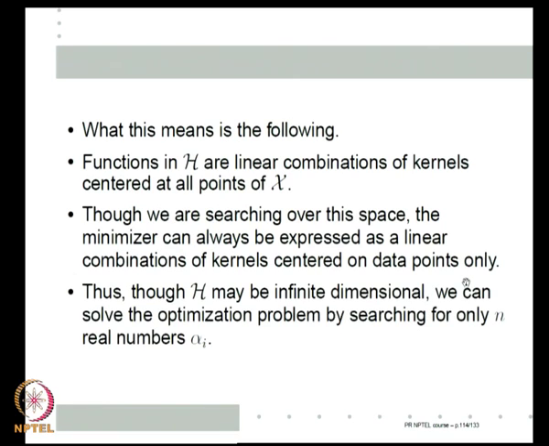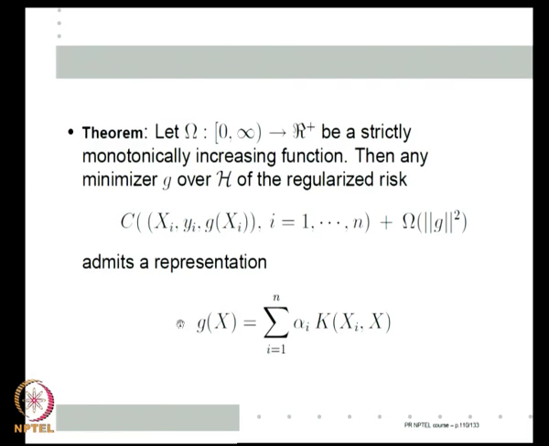Which means, though H may be infinite dimensional, we can solve the optimization problem by searching for only n real numbers alpha i. I do not have to worry about what g's representation is. My minimizer g always has a representation like this, where the xi's are all given. So, my g(.) is nothing but the sum of alpha i k(xi, .). So, essentially I need only alpha 1 to alpha n to find my minimizer g.